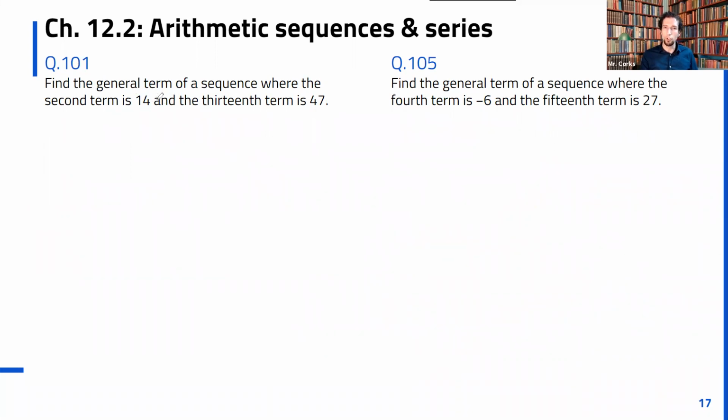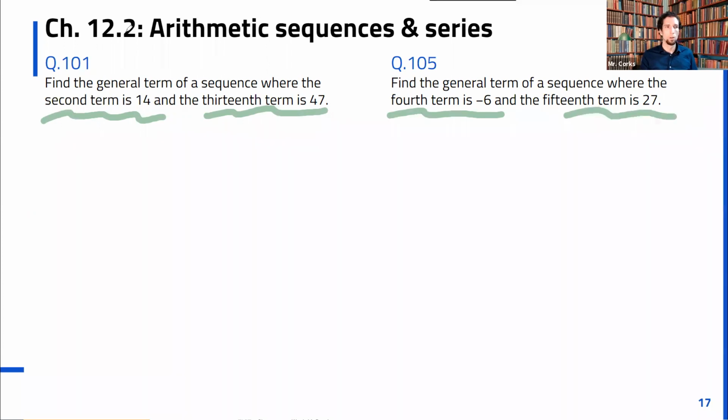We want the general term for each of these, and we're just given some kind of random term somewhere in the middle of the sequence. Let's do the one on the left together. We had an example like this in class, but let's just do it together anyways, and then I'll let you do the one on the right.